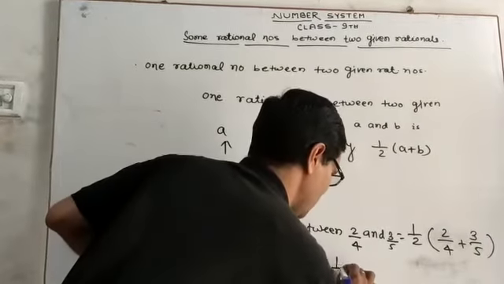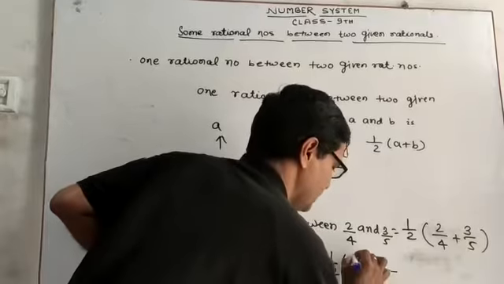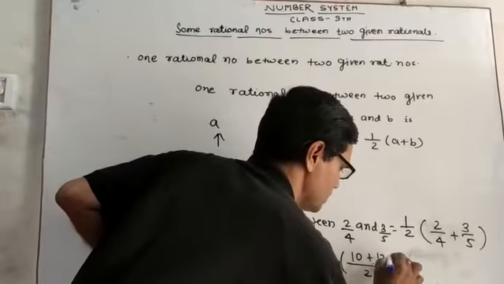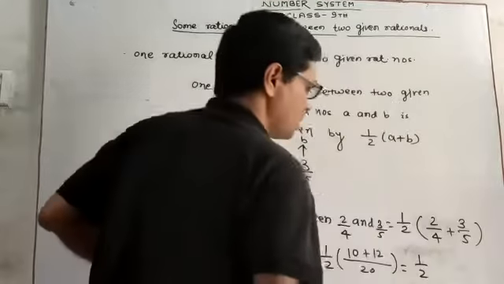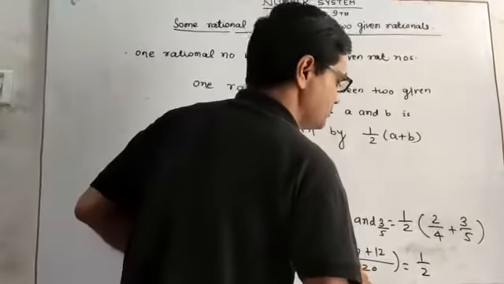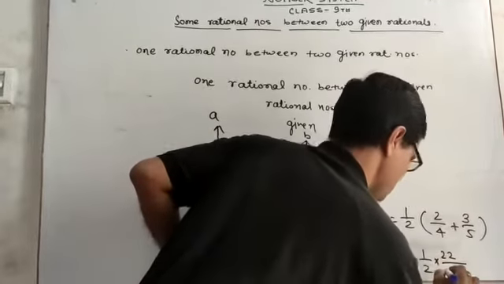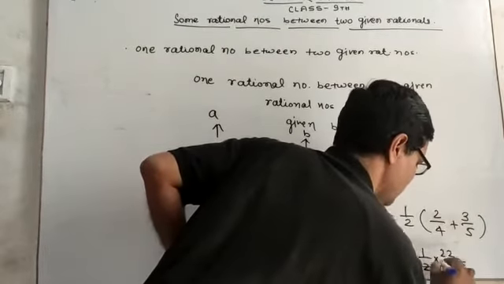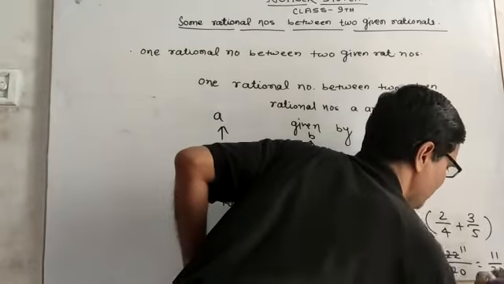That will be equal to 1 by 2, 20, 5 2 is 10, 4 3 is 12. That is 22 by 20, that is 11 by 20.